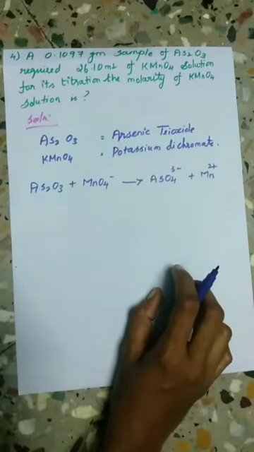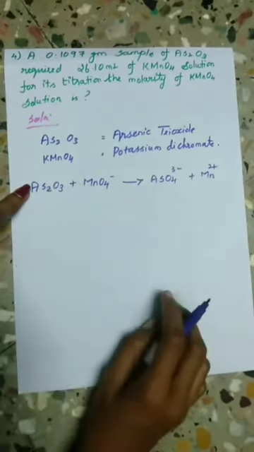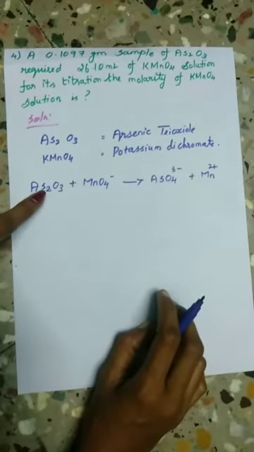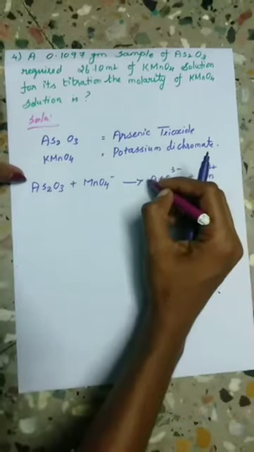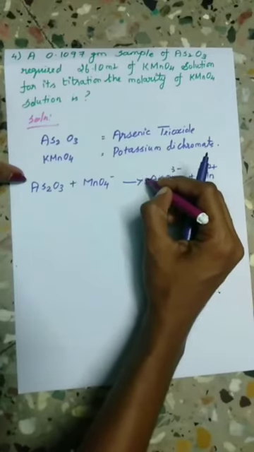First we have to balance the equation. Here first we will see arsenic. Arsenic is As2 here, so to balance I put 2 here.